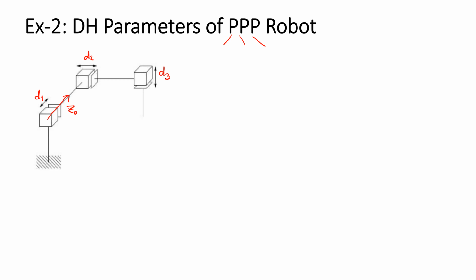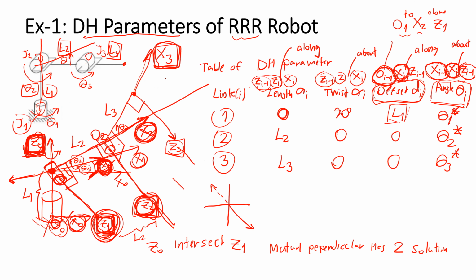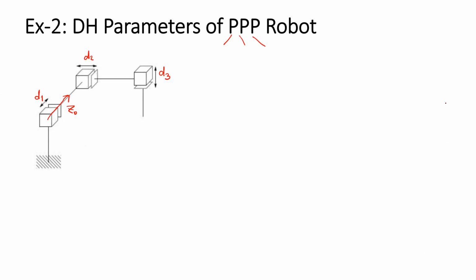For the revolute joint, the variable is the joint angle, you rotate the joint angle. For prismatic, the joint variable is the link offset. Prismatic changes the link offset along the Z axis.